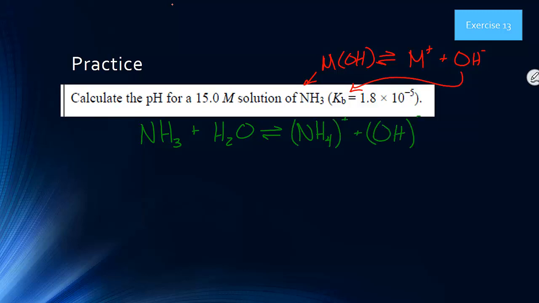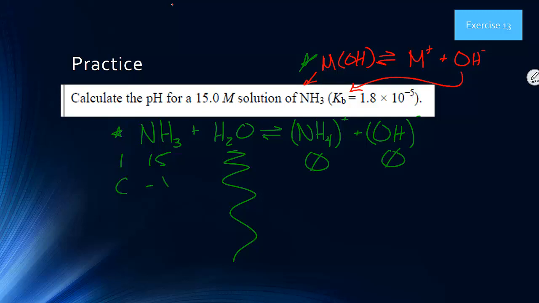Whether you write the equation this way or this way, the setup is going to be the same. Initially, I would have 15 molar ammonia and an infinite supply of water. Keep in mind, water is a pure liquid, so we do not include it. I'd have no ammonium and no hydroxide.